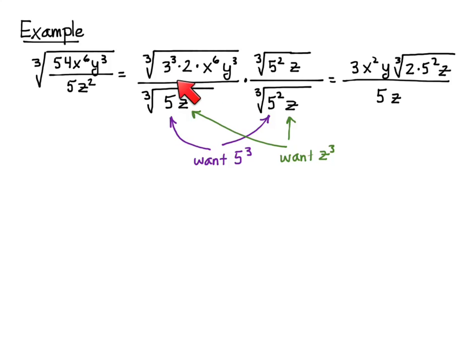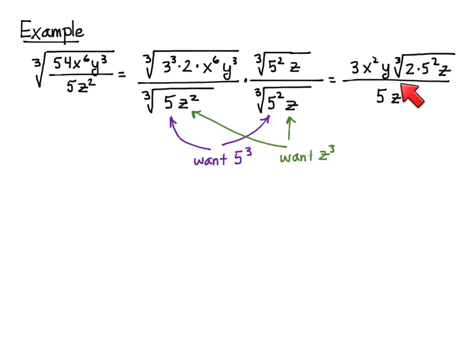So along the way, when I'm rewriting the numerator, I'm going to take out the fact that I have 3 cubed, and so I get a 3 as a coefficient. I have x to the 6th, so the cube root of x to the 6th is going to be x squared. I have a y cubed, so that just comes right out of the cube root.